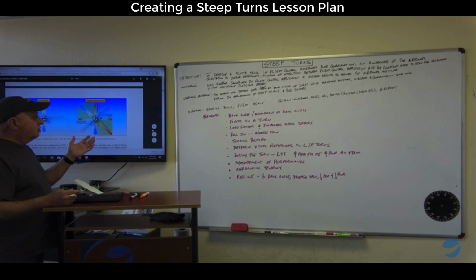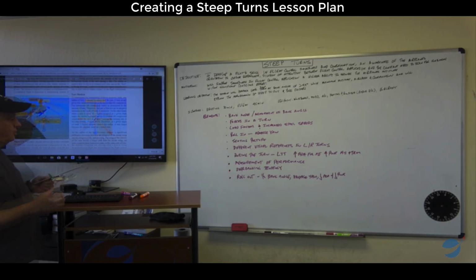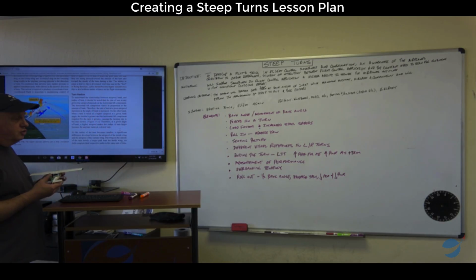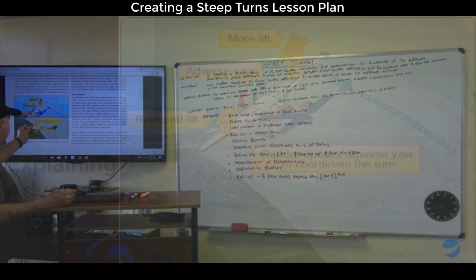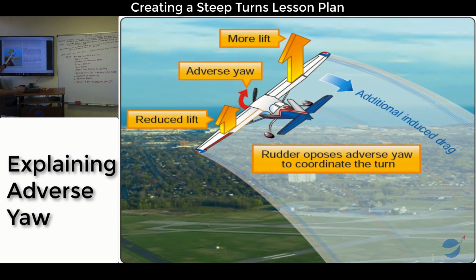But let's look at how it's going to look when we roll in. So when we roll into a turn, as you remember from the medium bank and shallow turns that we made, we're going to use aileron to bank and rudder to coordinate the turn. And the reason we need to use rudder when we roll in is adverse yaw. So if we make a turn to the left, when we increase the angle of attack on this wing, which is when we put that aileron down, it increases lift, but it also slows the wing down.